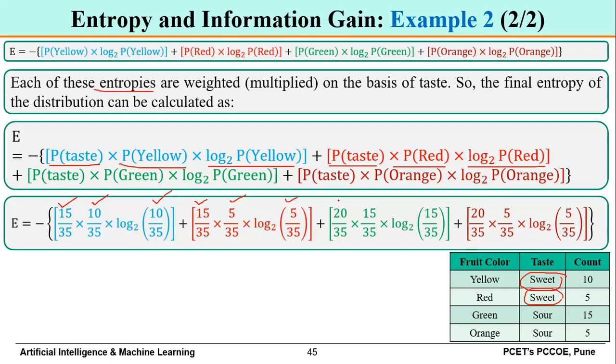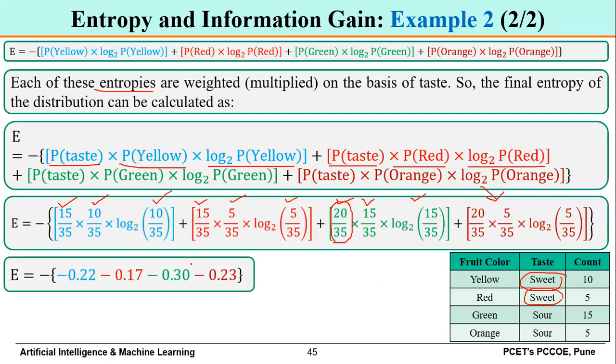Similarly, we will put the corresponding values for green color fruits multiplied by the corresponding weight of the sour taste, and a similar process we will adopt for the orange color fruit as well, and we will simplify the same.